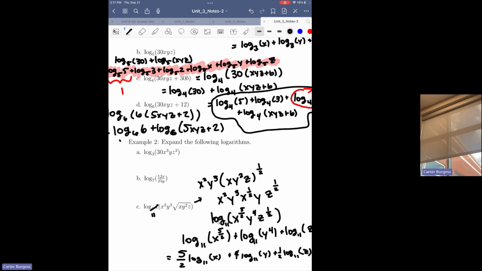When we break apart this second logarithm, this 1/2 needs to hit all of it. All right. So just something to be really, really mindful of.